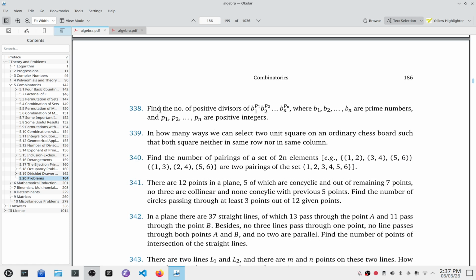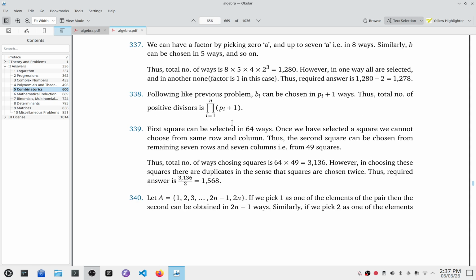Question 338 says that find the number of positive divisors of b1 to the power p1, b2 to the power p2 up to bn to the power pn, where b1, b2 through bn are prime numbers and p1, p2 through pn are positive integers. So like previous problem, bi can be chosen in pi plus 1 ways. Whatever the power is there, you add 1.